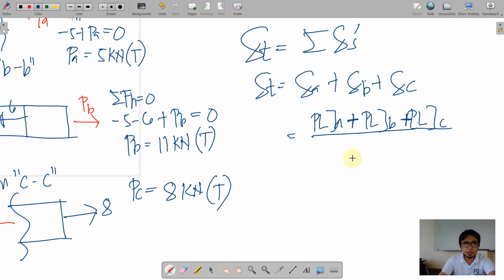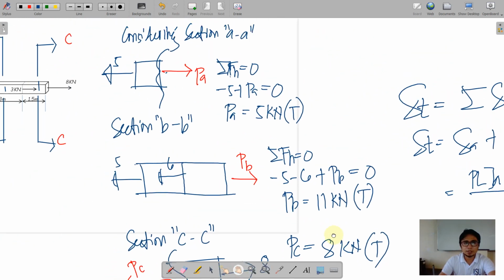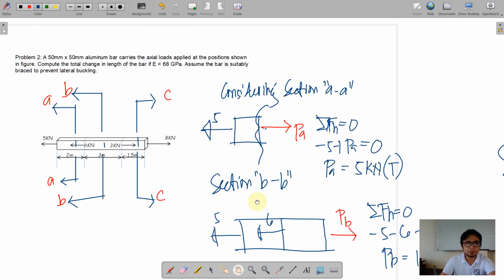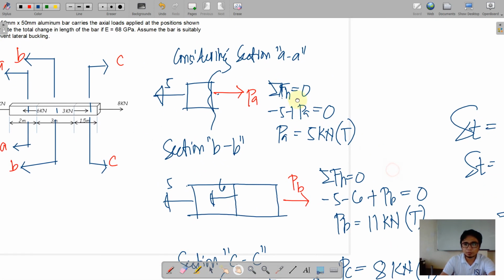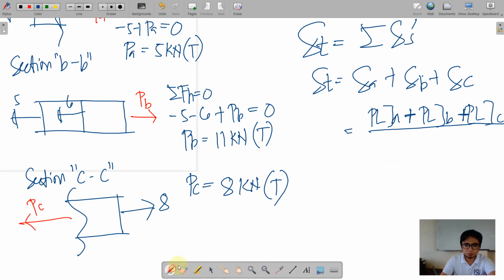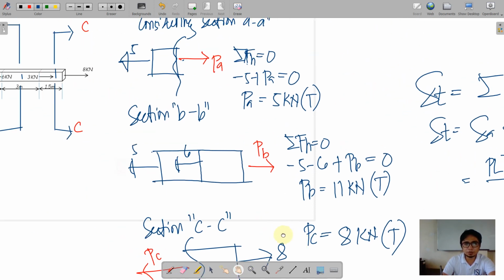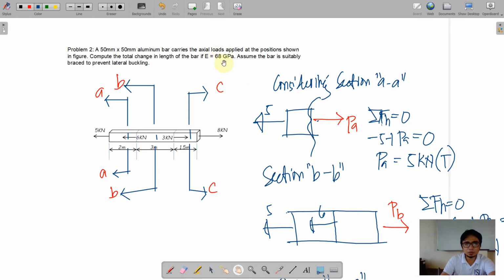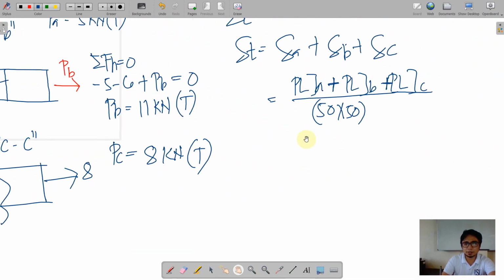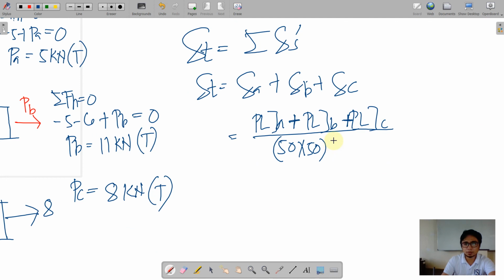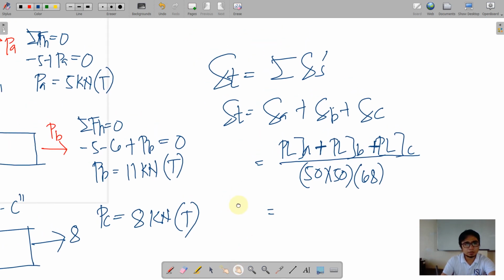So the denominator is merged into one. So let us see what is the area here. 50 by 50. So 50 by 50 times the modulus of elasticity, we have 68 gigapascals, times 68. And then we substitute the variables.